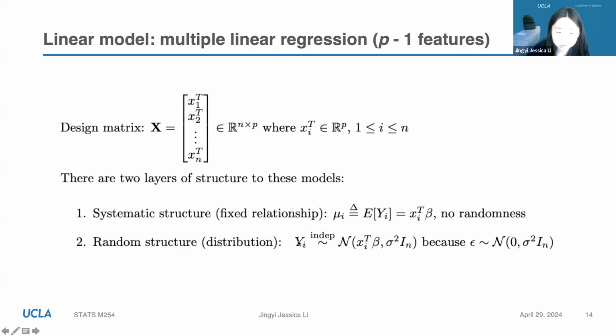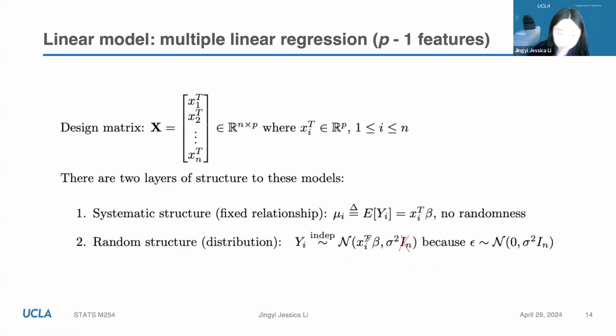What makes yi different from mu i? Like I said last time, I should use a pen color. This one should be crossed out; the matrices should be crossed out. The yi should follow independently, with their own mean specified by the systematic structure and the common sigma squared for the common variance.